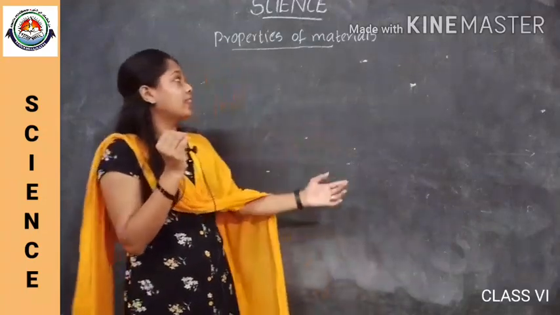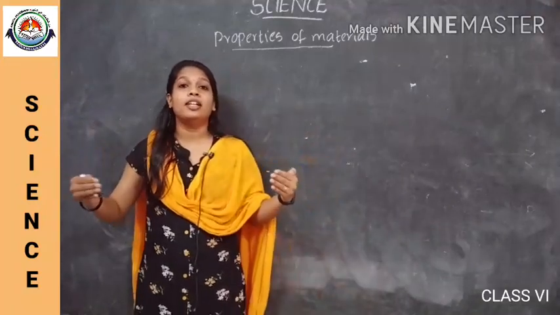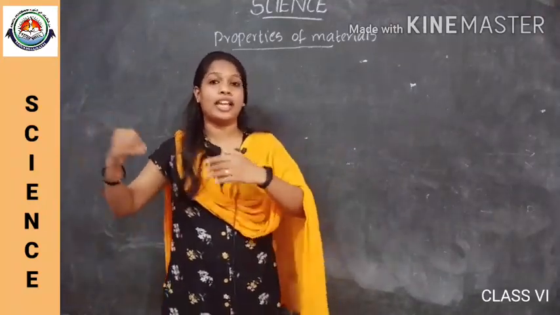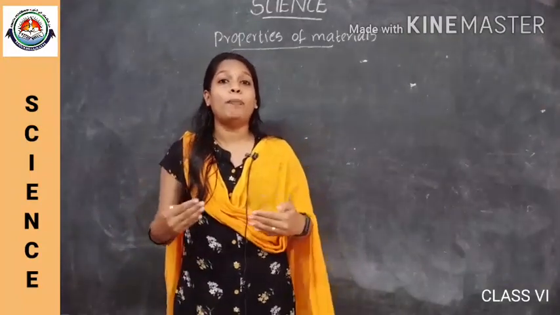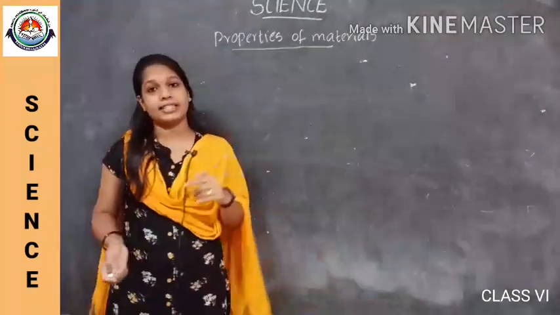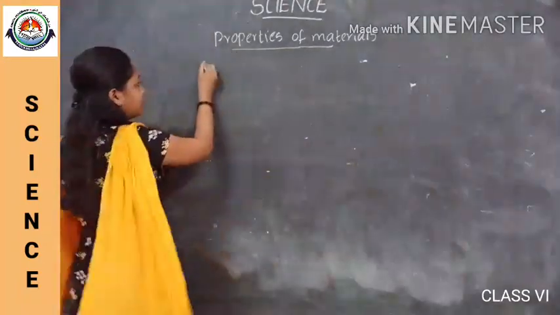In accordance with their properties, we make different objects and we use those things for different areas, isn't it? So we are now discussing the properties of different materials. First one we are going to discuss is appearance.